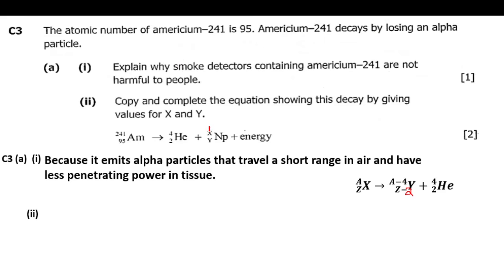So on this one we'll have 237. Then 92 minus 2, you have 93. So that will be our equation. This is our complete equation, just as I have explained.